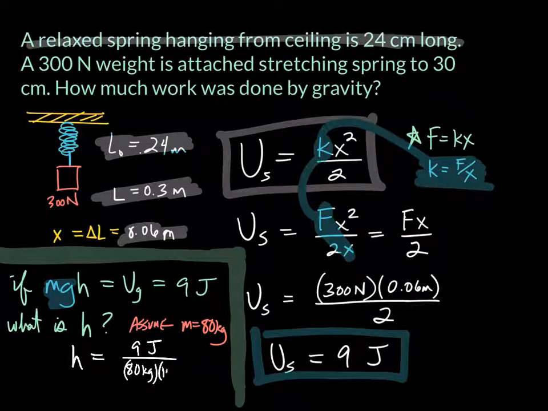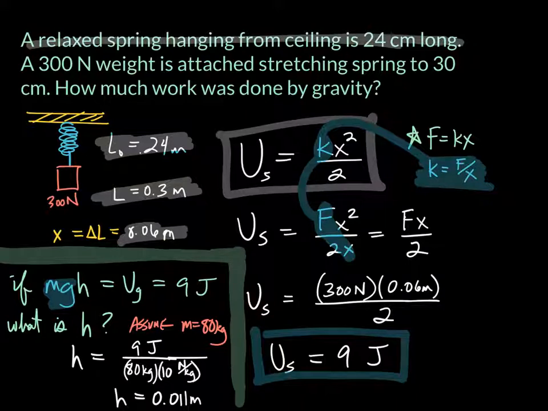If we use 10 newtons per kilogram in the bottom here, then we get 9 over 800. So the height will be 0.011 meters. Okay, so we're talking about a centimeter.